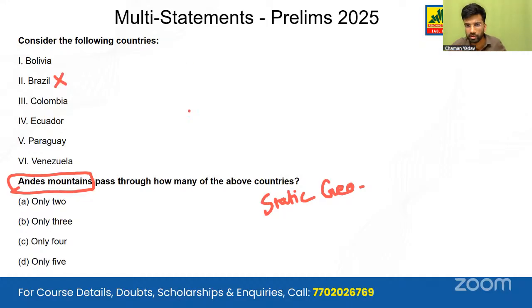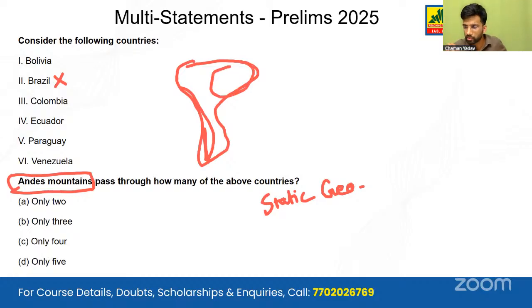If we look at the map of South America, the Andes mountains lie somewhere here and Brazil lies here. Had UPSC in previous years given us options not in the form of how many, but in which, we could have eliminated all the options that had Brazil in it. But currently we cannot.